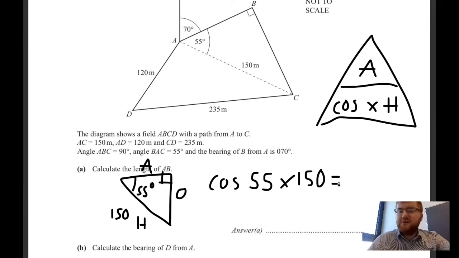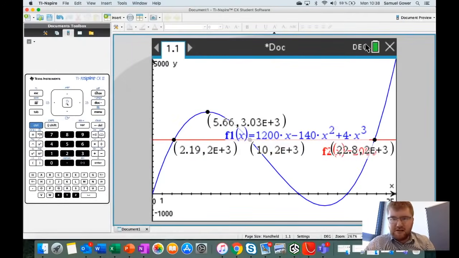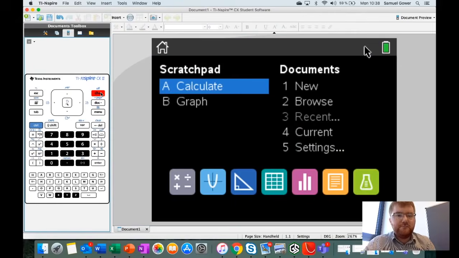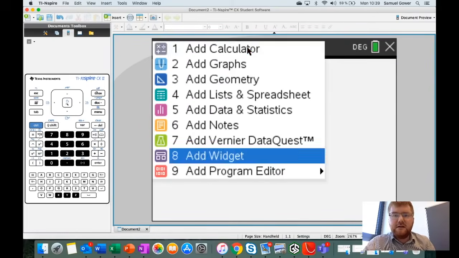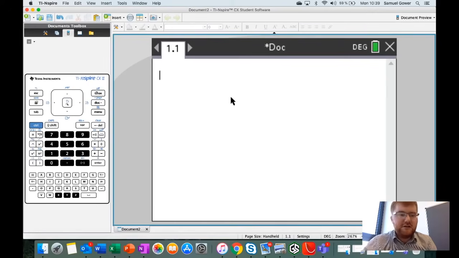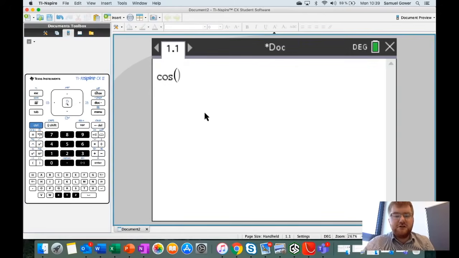And now we work that out on the calculator. So I'll do it on the GDC on my desktop. So we need to make sure it's in degrees. That's very important. So let's start a new document. Add calculator. You can even type in cos 55, but I'm just going to use the standard function here.